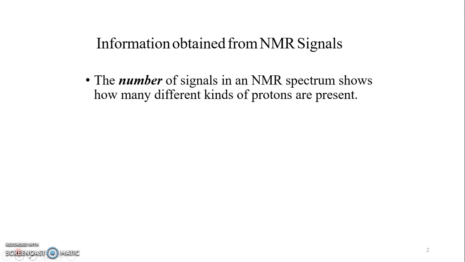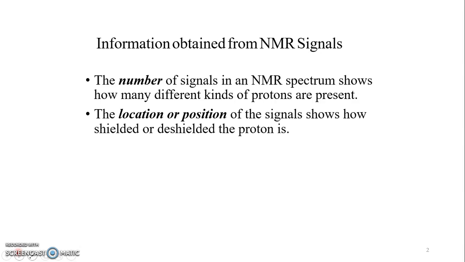So we have certain information obtained from the NMR signals. First of all, the number of signals in an NMR spectrum shows how many different types of protons are present in the given compound.